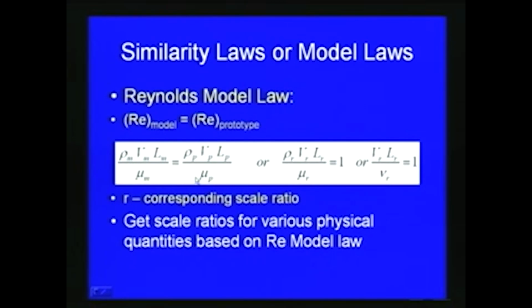Here, r corresponds to the scale ratio. As we have seen, we will be using a particular scale ratio with respect to the geometry or other parameters. So, this r represents the corresponding scale ratio.